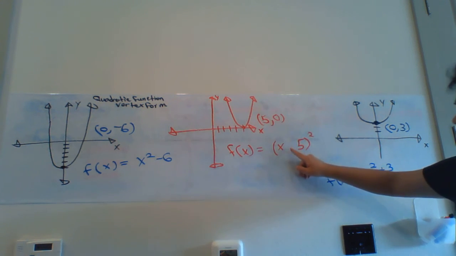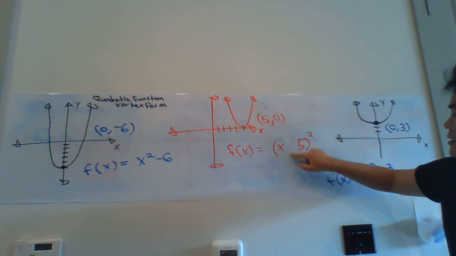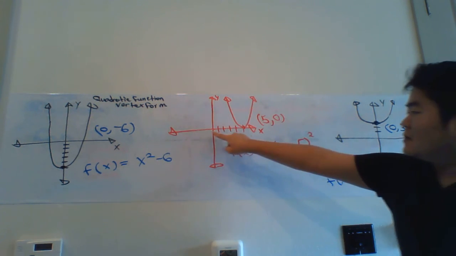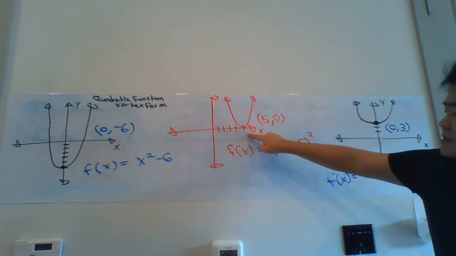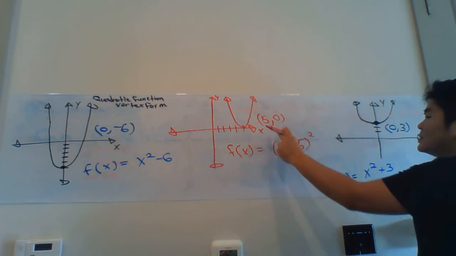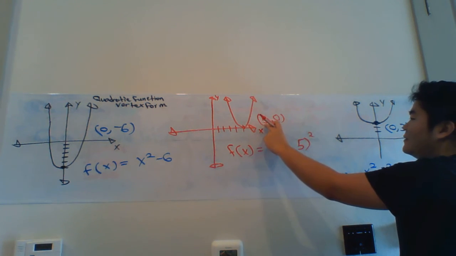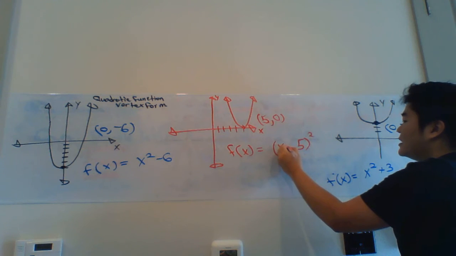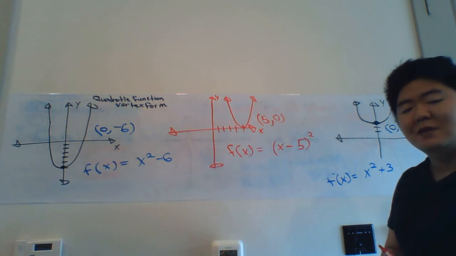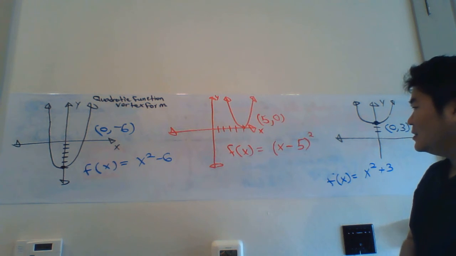Now I left a space in here on purpose. The reason why is because when you move to the left or when you move to the right, you have to use the opposite sign. Okay? So this is a positive 5, but when you're inside the parentheses, it's going to be the opposite of what you think it's actually going to be.